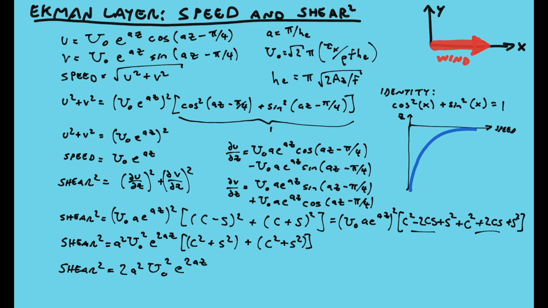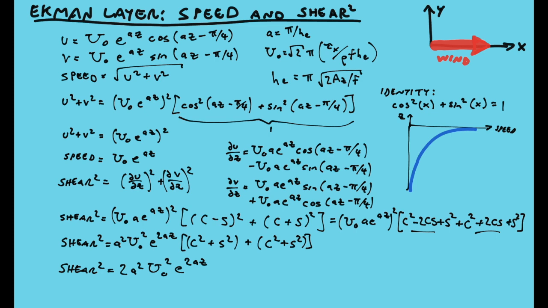And we can rewrite that. The quantity inside the brackets, as we expand out those squares, is C squared minus 2CS plus S squared plus C squared plus 2CS plus S squared. And remember, the C stands for cosine and the S stands for sine. But if you look at those mixed terms, the negative 2CS and the plus 2CS, we can see that they cancel out.